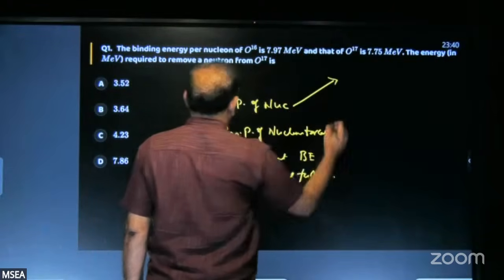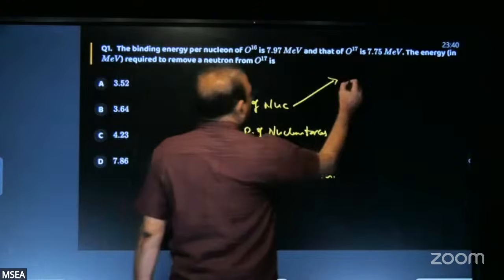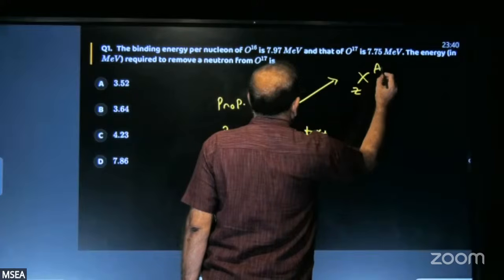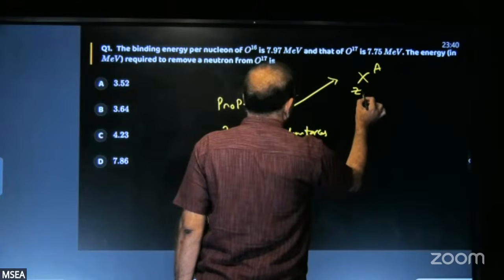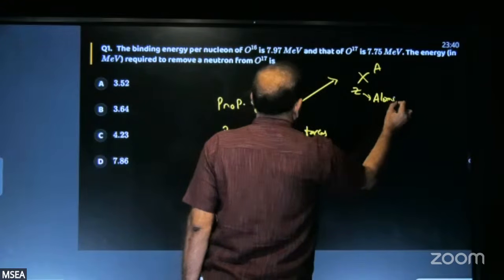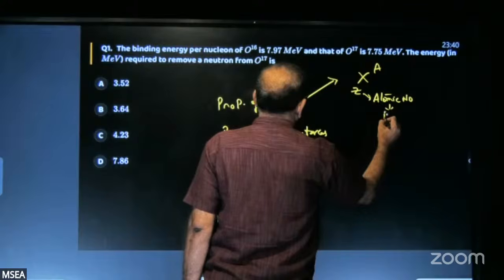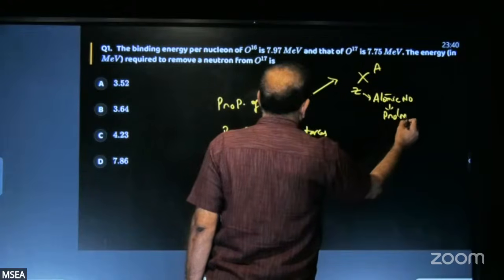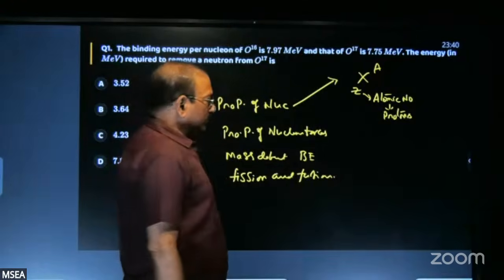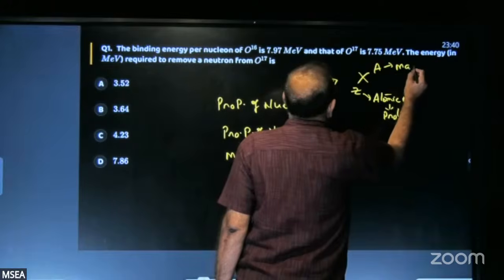Properties of nucleus. If a nucleus is expressed like this, X with Z and A, what is this Z? Atomic number. Indicates number of protons in the nucleus. A is mass number.